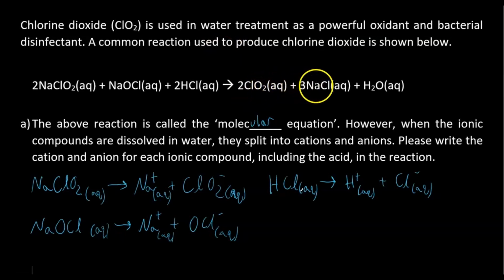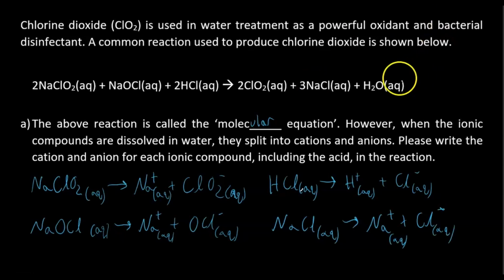And here we have another sodium and chlorine, so those break up. NaCl, aqueous, dissociates when dissolved in water into Na+ and Cl-, aqueous. And here we have water. Water dissolved in water doesn't really make much sense, so I'm just going to erase this aq and make it L. Usually you see it as just liquid because it is the solvent.